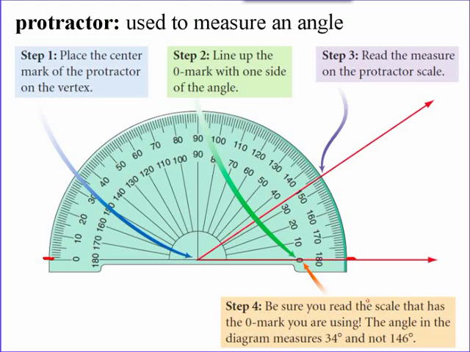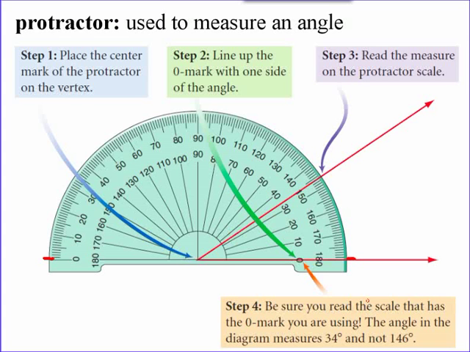Now your center mark is actually not the very bottom. You can kind of see your center mark is just a little bit above that, kind of where that line is. Second step will be to line up the 0 mark with one side of the angle.